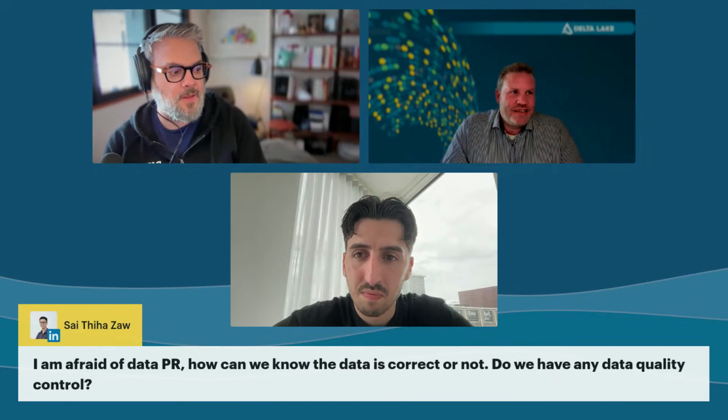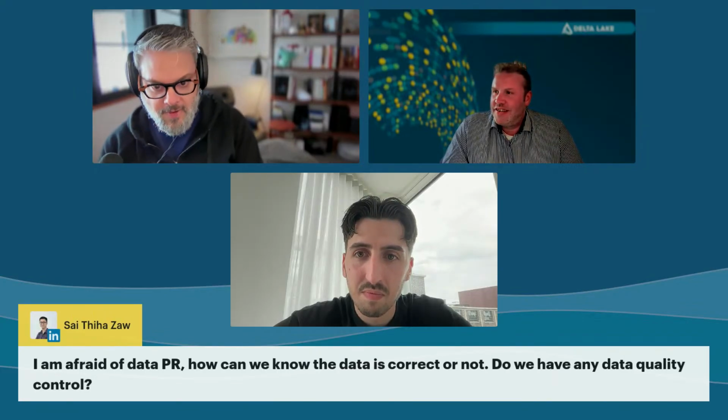Yeah. There's another question from Sai, essentially about the tendency for us to not necessarily trust things, right? I'd be more afraid of data as a PR. Is it correct? Is it not correct?